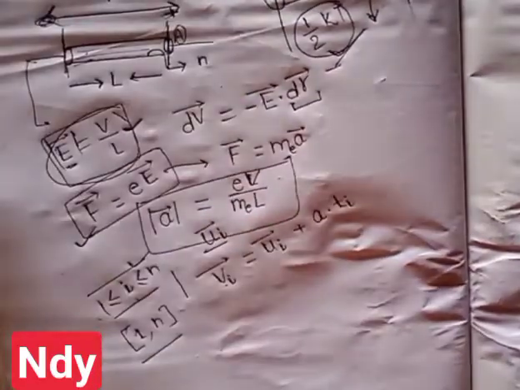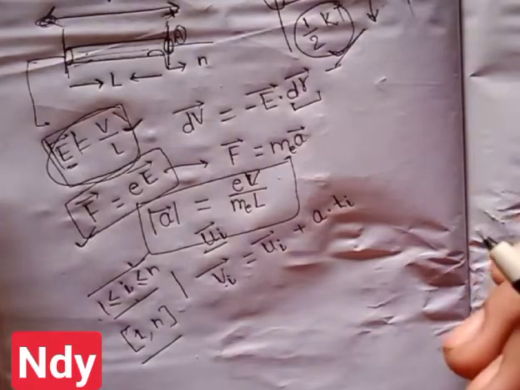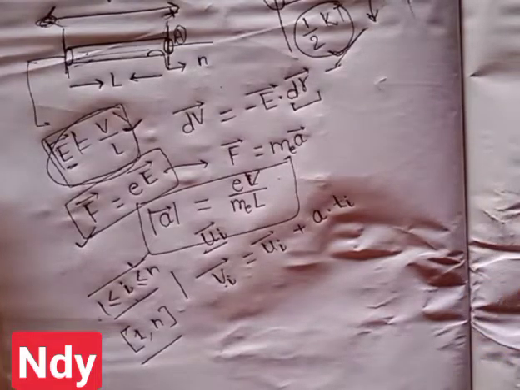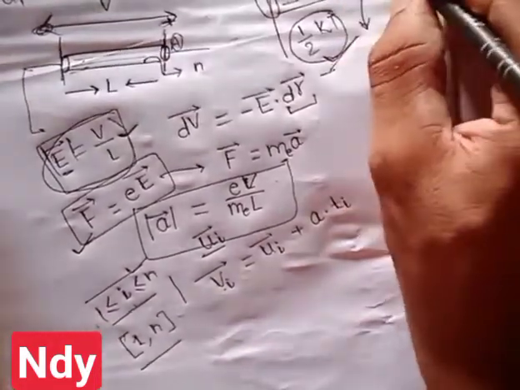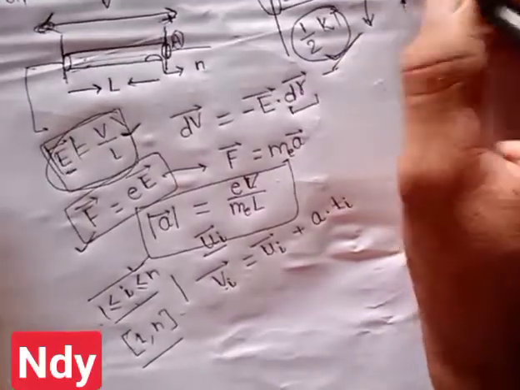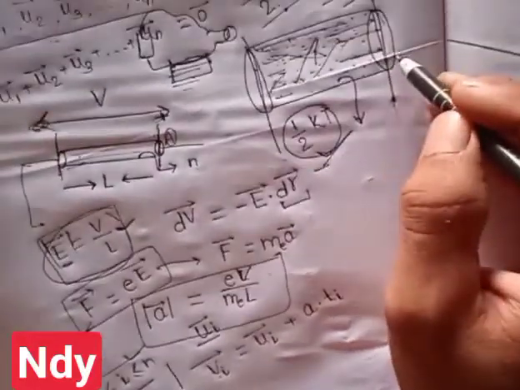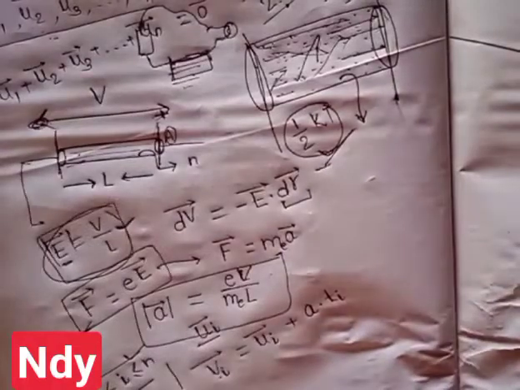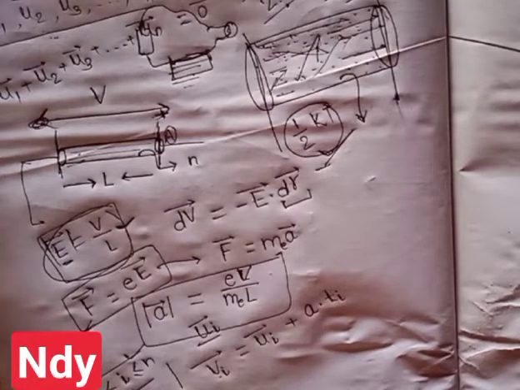Okay, and then we sum the total velocity, and we find that this total velocity will be in the direction opposite to that of the electric field, that is, in the direction in which these electrons are moving.